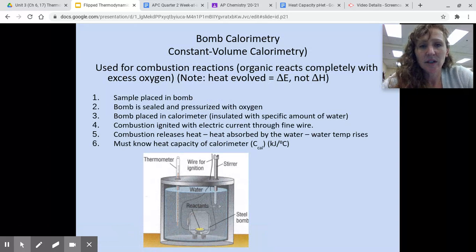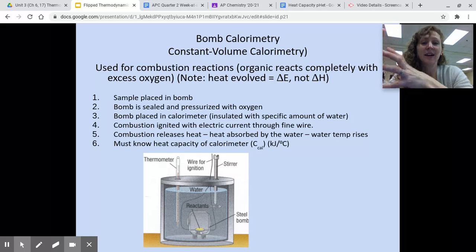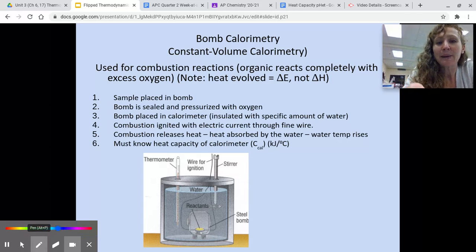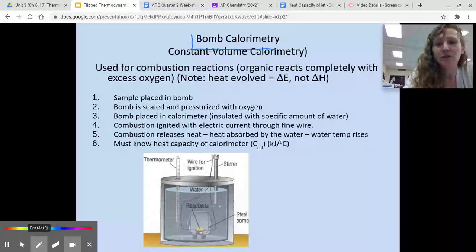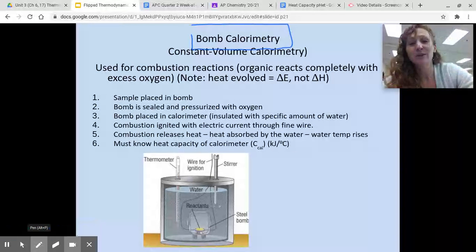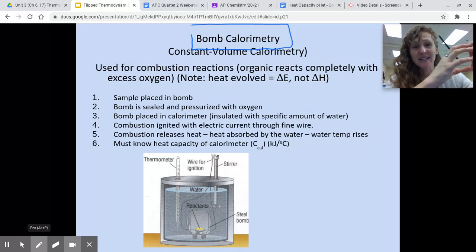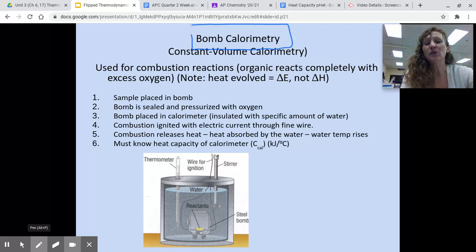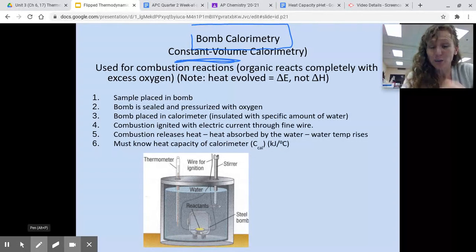Last note here on calorimetry. So we've been talking about constant pressure calorimetry. There is a non-constant pressure calorimetry, a pressure variable calorimetry. It's called bomb calorimetry because essentially that's what you're making. You're making a little bomb because you're building up pressure inside of a container. Right? So this would be constant volume calorimetry.